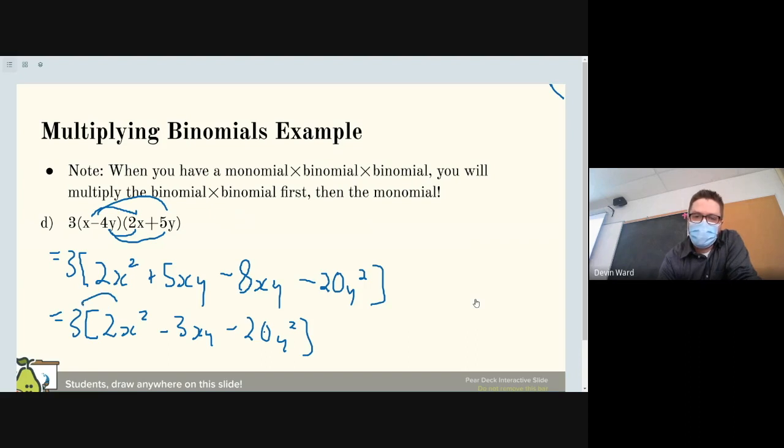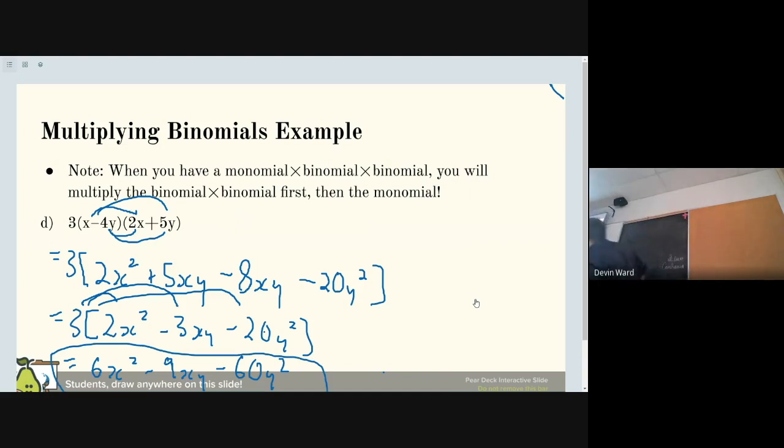Now let's use distribution. Multiply it in. 6x squared minus 9xy minus 60y squared.